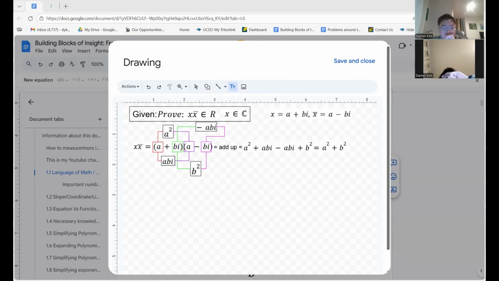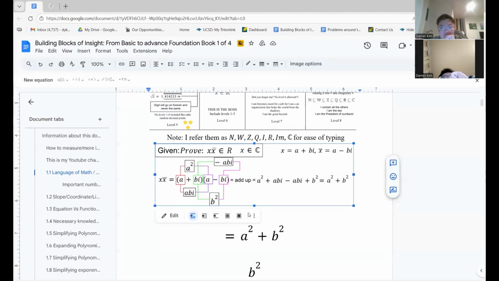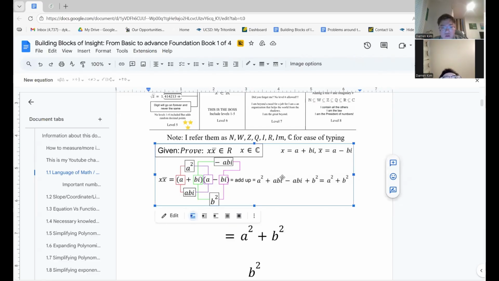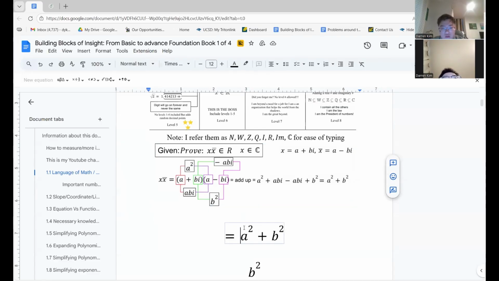So how do I explain it? So we can now just write a squared is greater than, so both terms, a is greater or equal to, it can be 0, right? Okay, it's greater than 0.